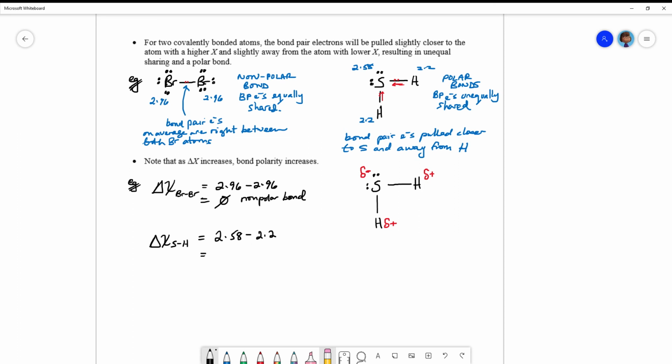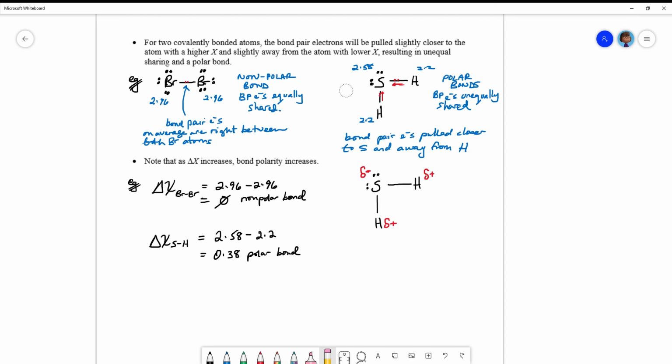For the sulfur-hydrogen bond, it is 0.38. So now we have a polar bond because there is a non-zero delta chi value. So this is a polar bond here. Now, the notation here tells us that as delta chi increases, bond polarity increases.